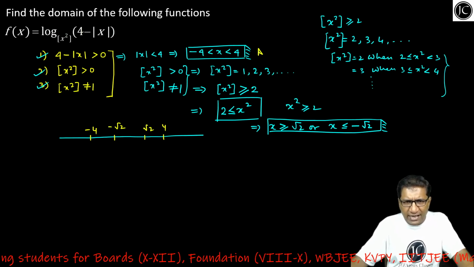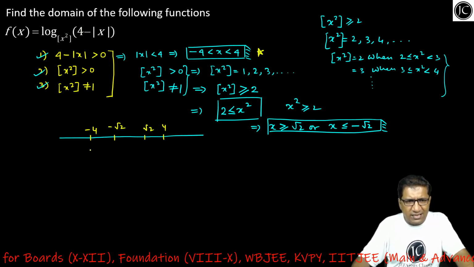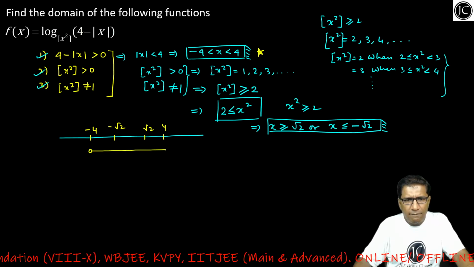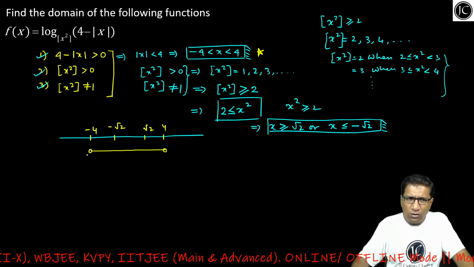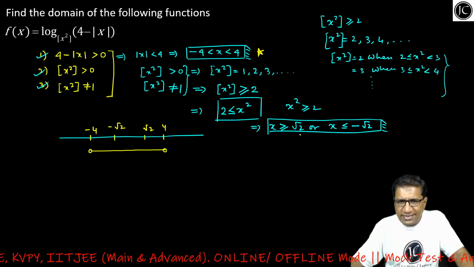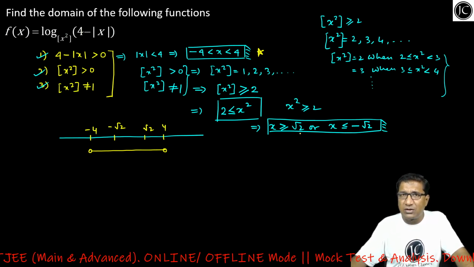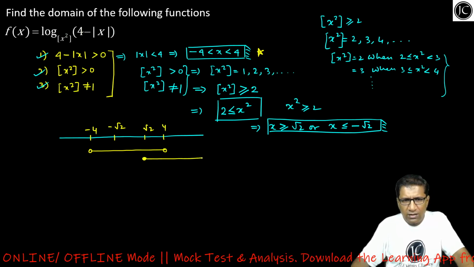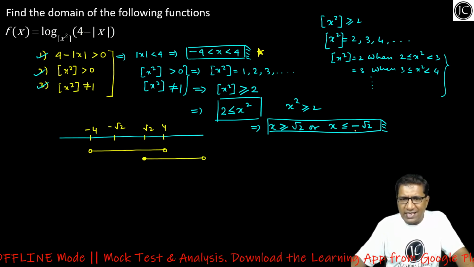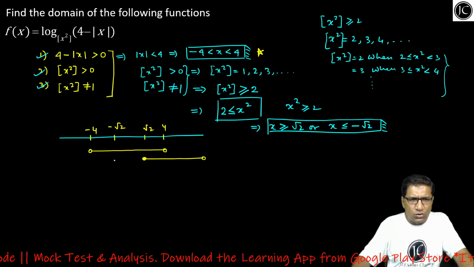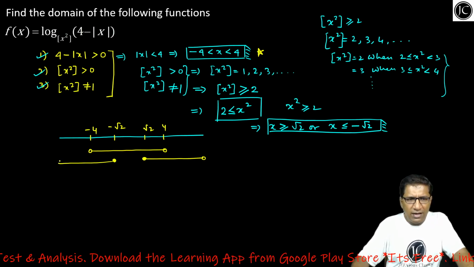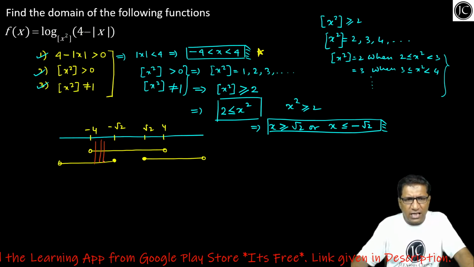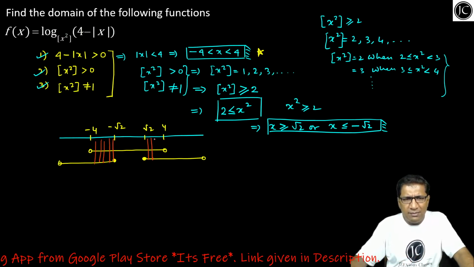So from the first condition we are getting that your x is lying between -4 से 4, both sides open, and second condition में मिल रहा है x is greater than equals to root 2, this part, and x is less than equals to minus root 2, मतलब this part. Now we can easily see that our common region is this portion and this portion.